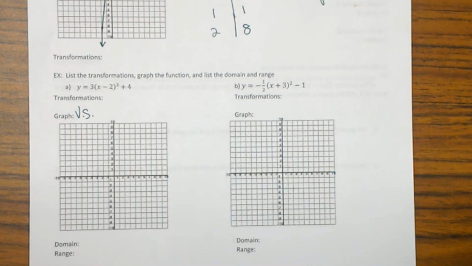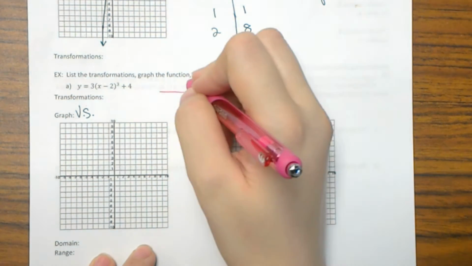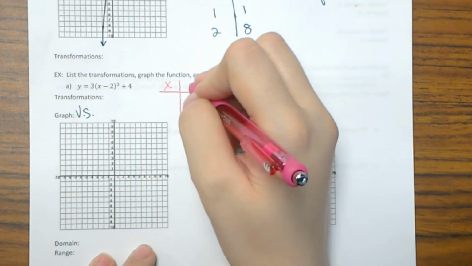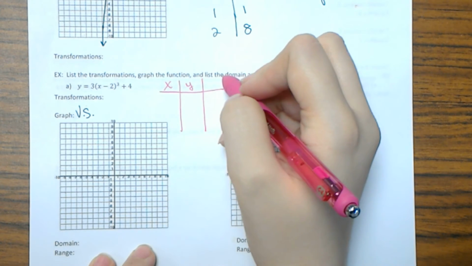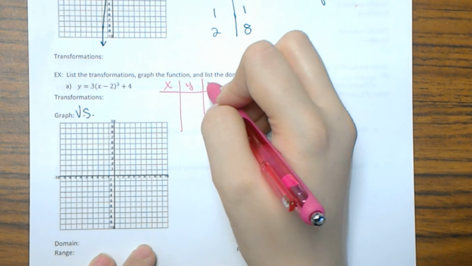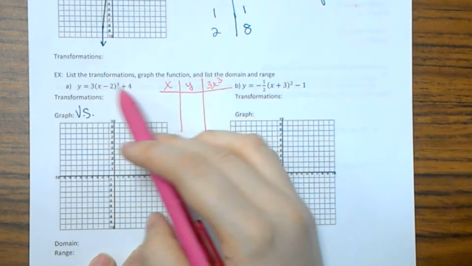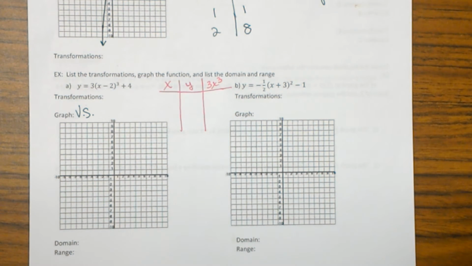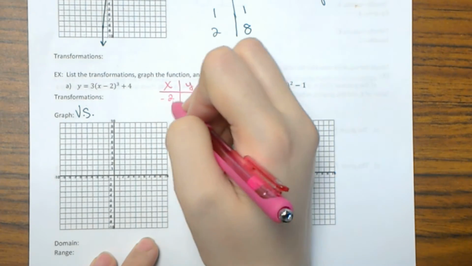And so I could make a table. If I didn't move it left and right, up and down, if I just had a vertical stretch, I'm going to look at my original table.